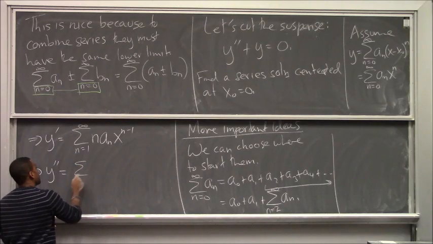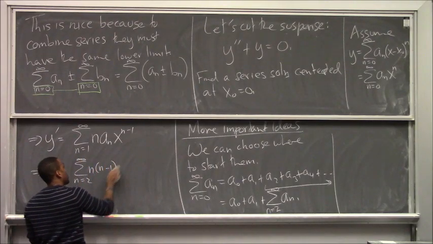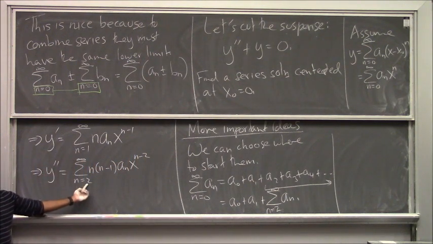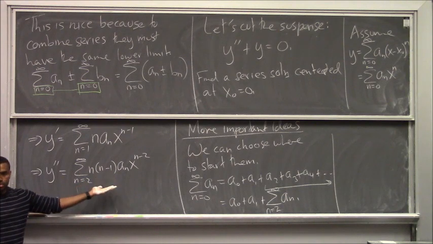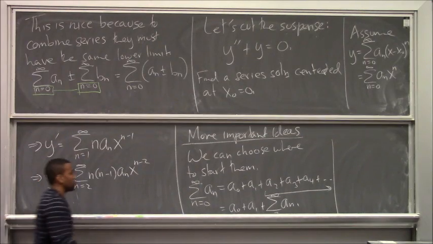Notice that I can take the next derivative and I can start that at 2. This is n times n minus 1, a_n x to the n minus 2. I can start that at 2 because if I plug in 0 or 1, it's going to cancel. It's going to be me adding zeros. And then what I can do is plug it into that position.